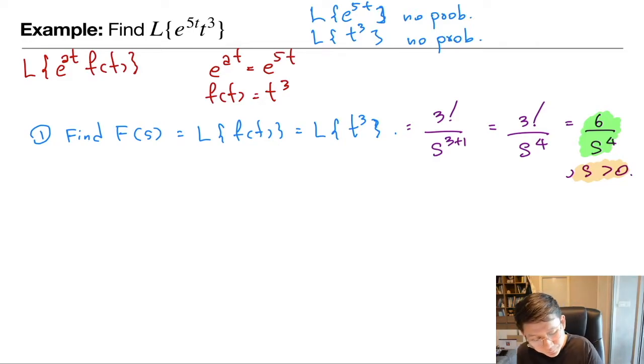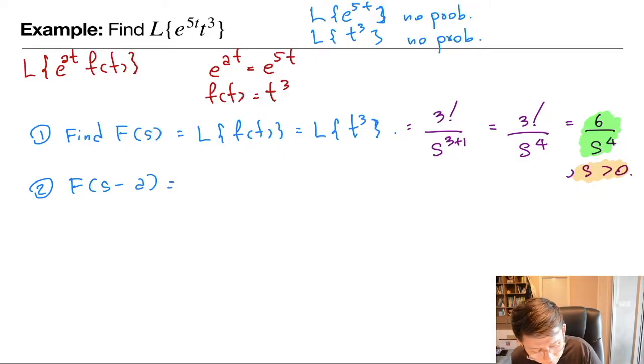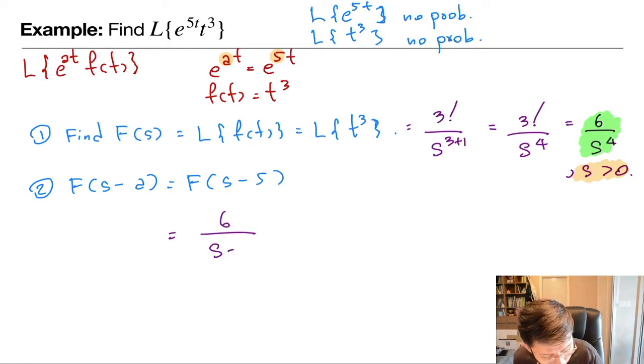So guys, next we need to find F of s minus a, and that would be F of s minus 5, because e to the at is e to the 5t, so a is actually 5. Makes sense? F of s is 6 divided by s to the 4, right? So here it would be 6 divided by (s minus 5) to the 4.